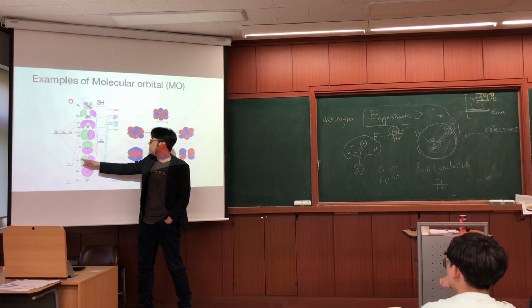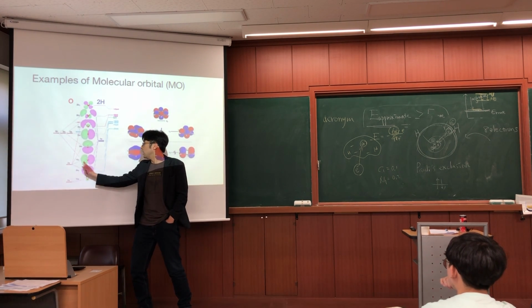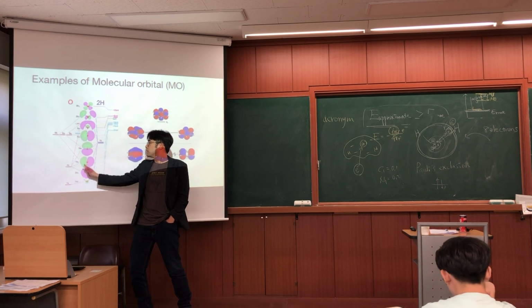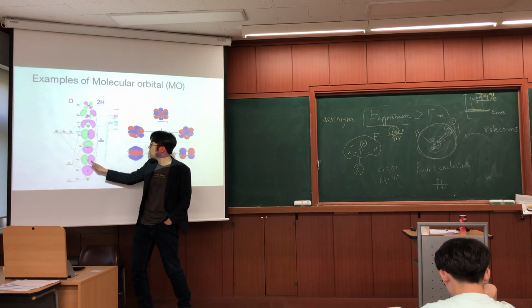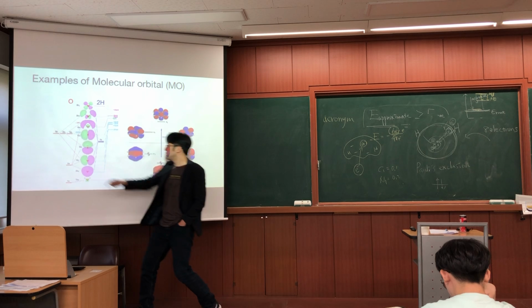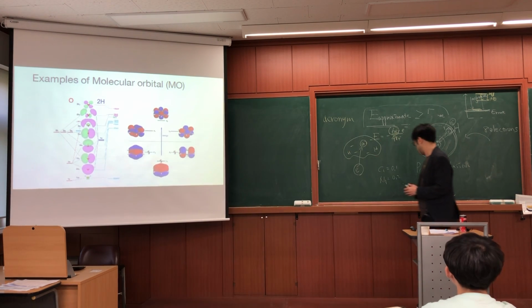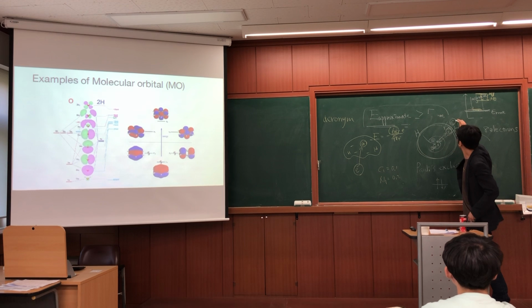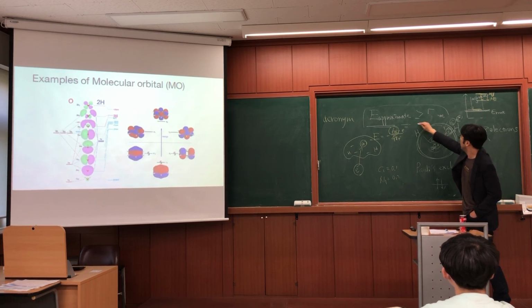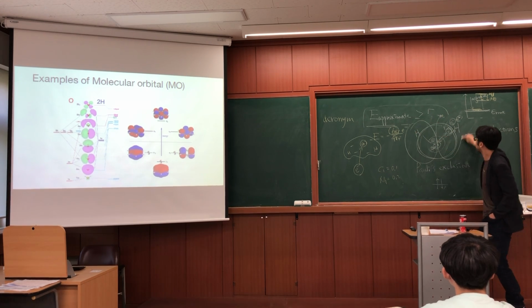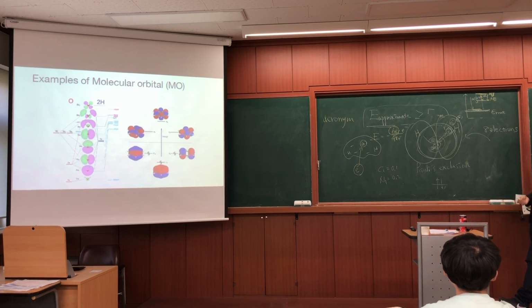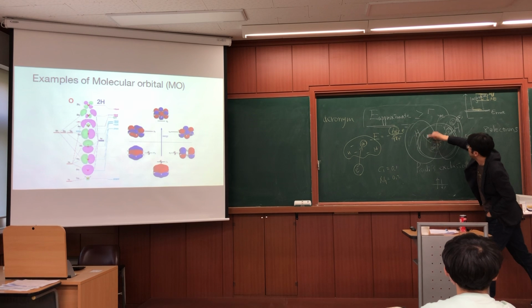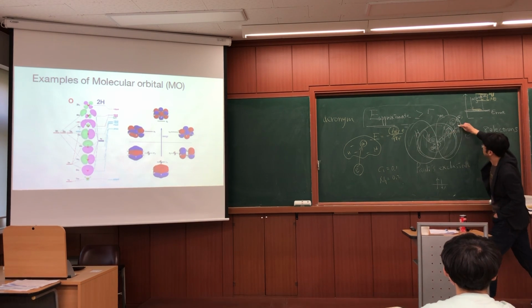And the next energy orbital looks like this. So it means that the electrons are occupying here or here. The third and fourth electrons will occupy here, and the next orbital looks like this. What does that mean? The electrons are playing around here or around here.